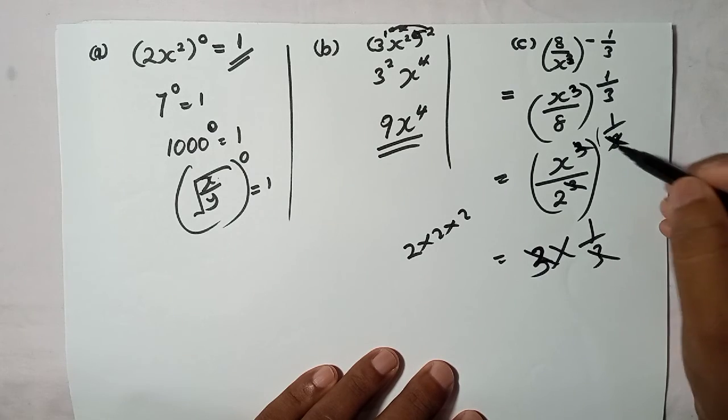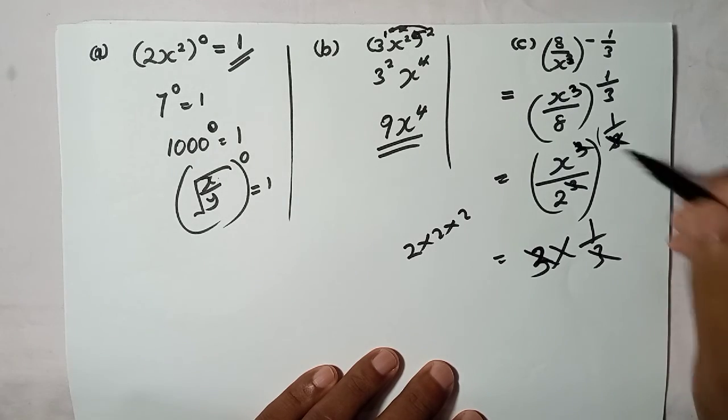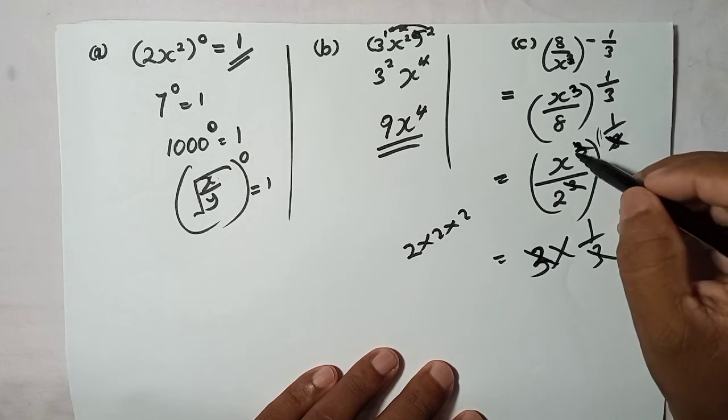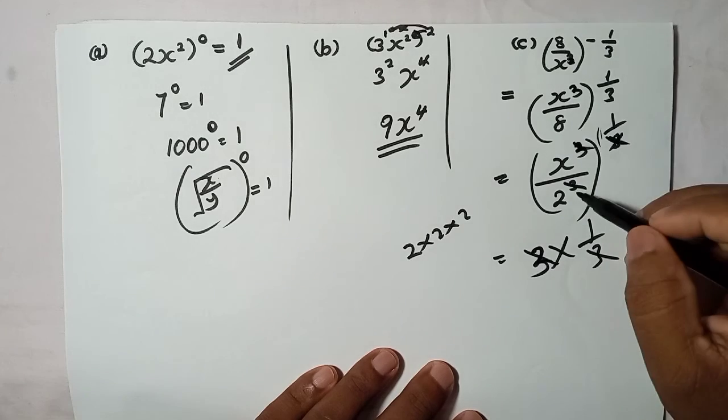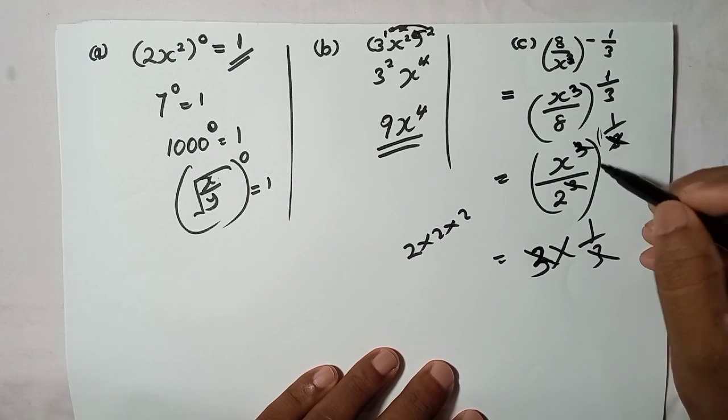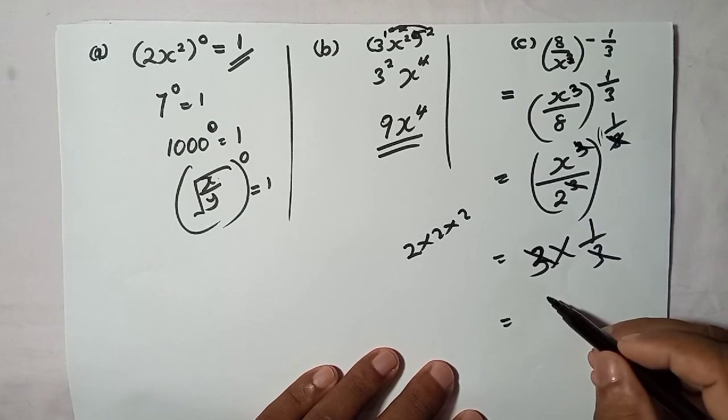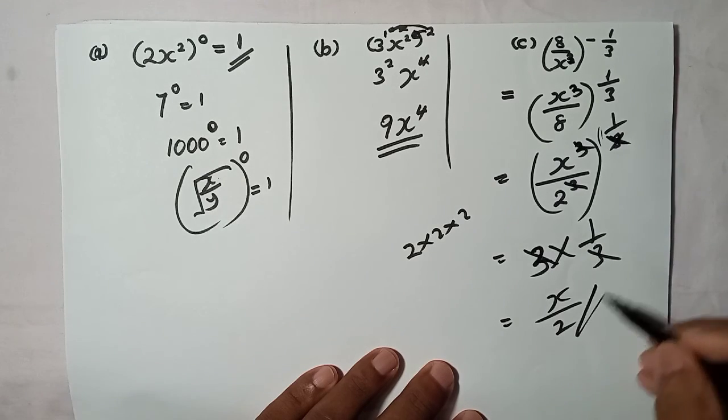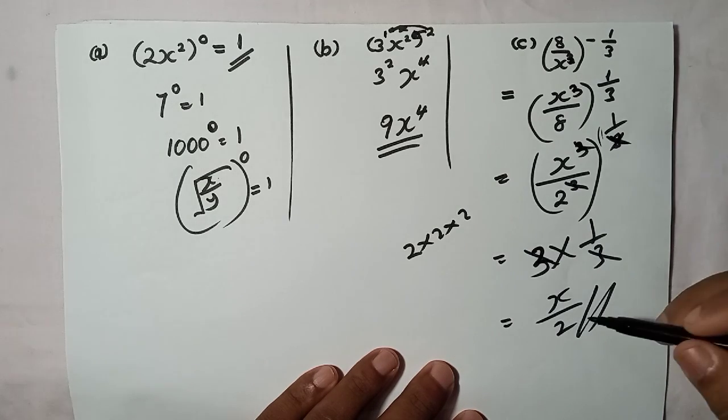Don't think this 3 cancels with that 3; the idea is that you multiply this by this index, and also this again by this index. That's why it happens. Then the final answer is x over 2. So that's the final answer.